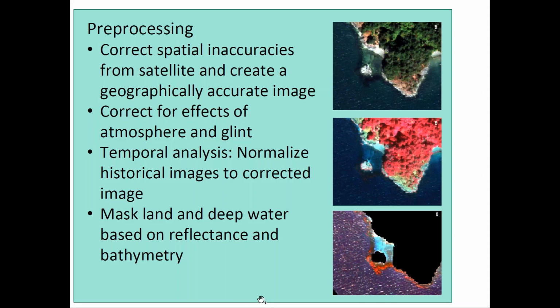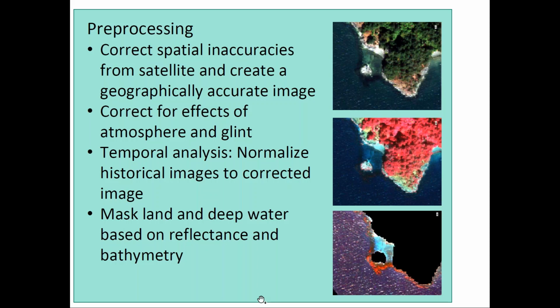So first, the first thing that we have to do is correct any inaccuracies related to geometry, because we're using different satellites. So we may have geometric inaccuracies, and we want to make sure that all the images overlap. That's the first step. And after that, we have to correct for effects of the atmosphere and glint.